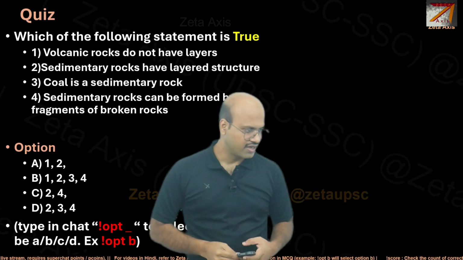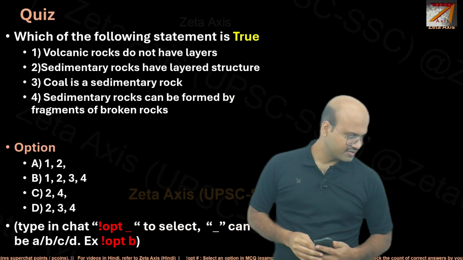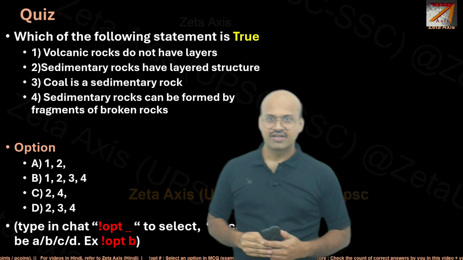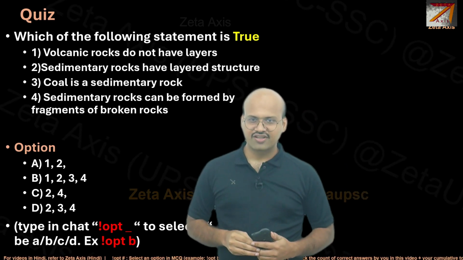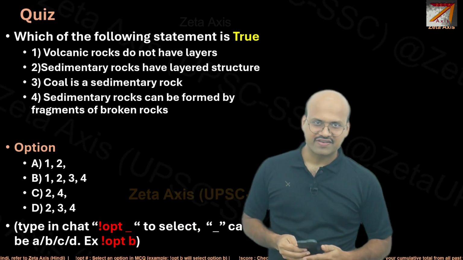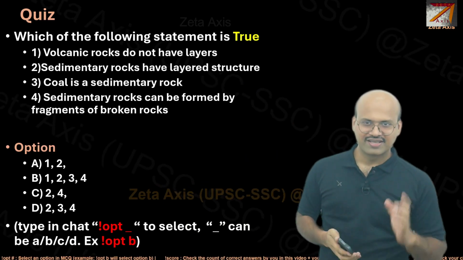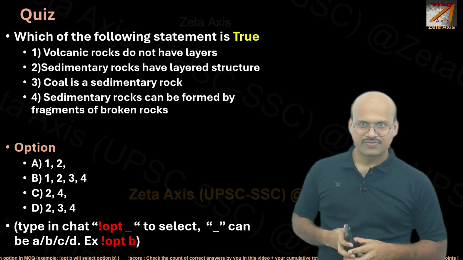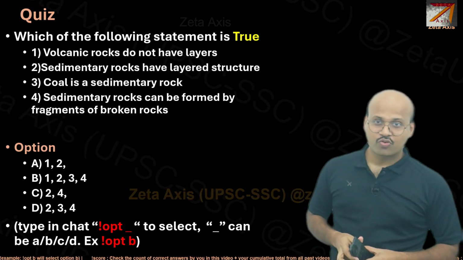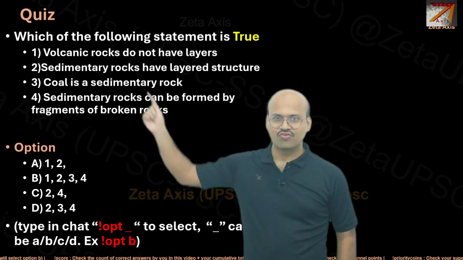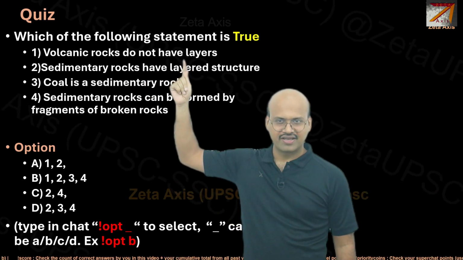Now if you are online, if someone is available, here is another question. Again the same process, I will initiate the poll. You will see the poll options here, then go for the option. The question is, which of the following statements is true? Volcanic rocks do not have layers.